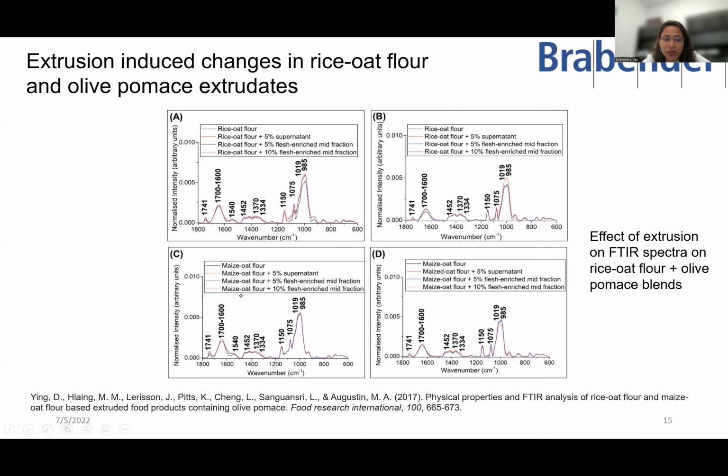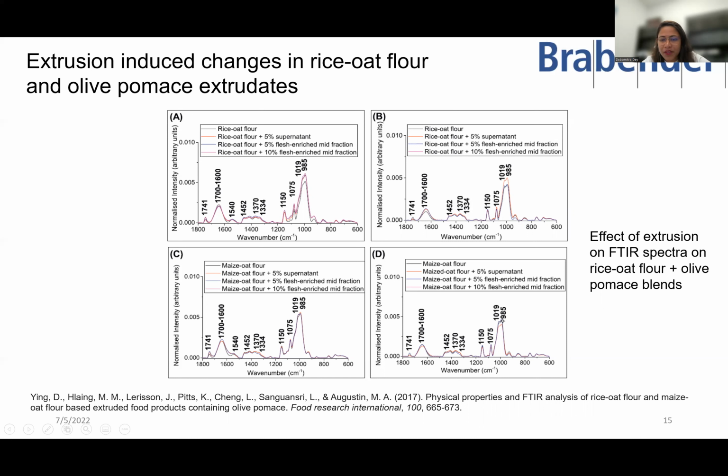So this is what the authors also try to mention with the FTIR spectra, but again, there is no stark difference. Here you can see A stands for the raw material and B is for the extruded material. Similarly, C is for the raw material and D is for the extruded material.